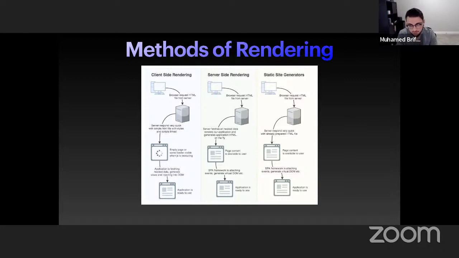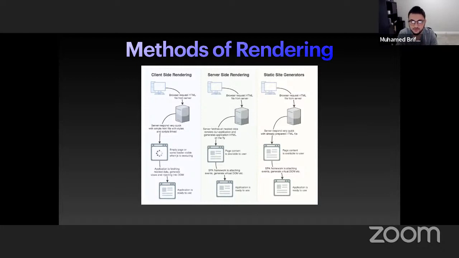And then at the bottom, it says application ready to use after the application fetches all the data it needs and injects it into the DOM. And in the middle here, we have server-side rendering. Similarly, the browser requests the HTML from the server, we fetch all the data we need on the server to render the application, and we generate an HTML on the fly.